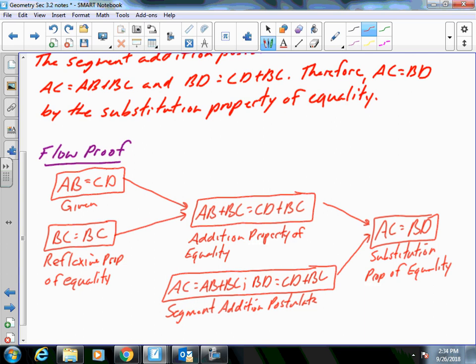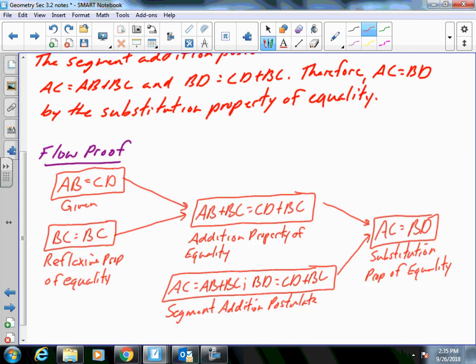I think a flow proof is a little more difficult than the others because you have to actually determine what goes with what and in what direction do the arrows go. But you just have to ask yourself at each step, do I use the information in this step to create the next step, or does that information from the next step come from somewhere else?